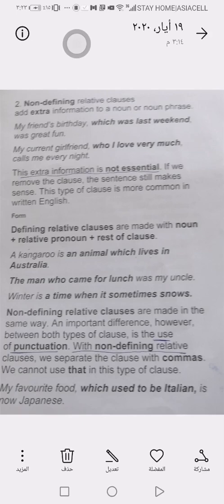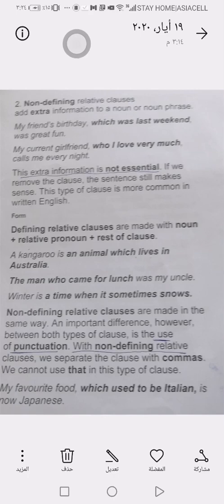For example, the man who came for lunch was my uncle. Another example, winter is a time when it sometimes snows.